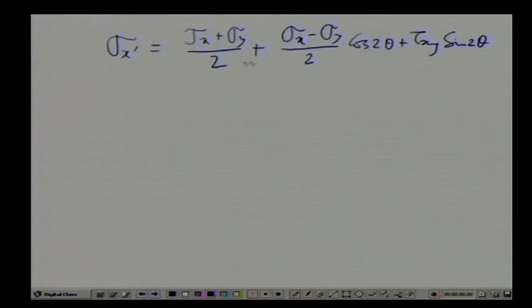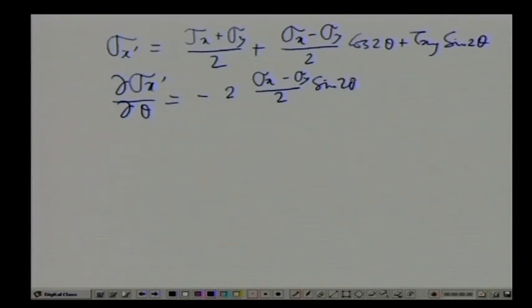If we take the derivative of this normal stress with respect to theta, which is del sigma x dash by del theta, this is equal to minus twice sigma x minus sigma y by 2 sin 2 theta plus twice tau x y cos 2 theta.